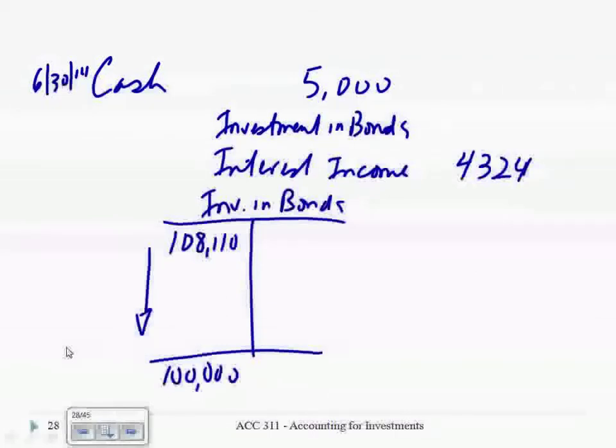So if I was going to hold that to maturity, that premium is being amortized away, and so the first month, the first interest date, is $676, leaving me there with a new carrying value.